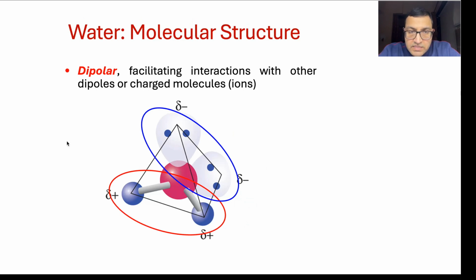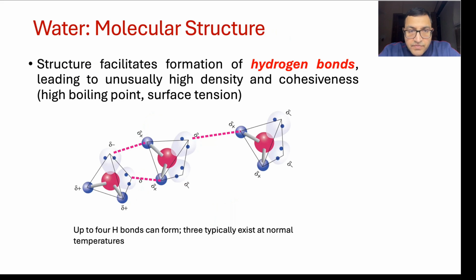But it creates a dipolar structure, also called a bipolar structure, which facilitates interactions with other molecules or ions, and it results in what we know as hydrogen bonds.